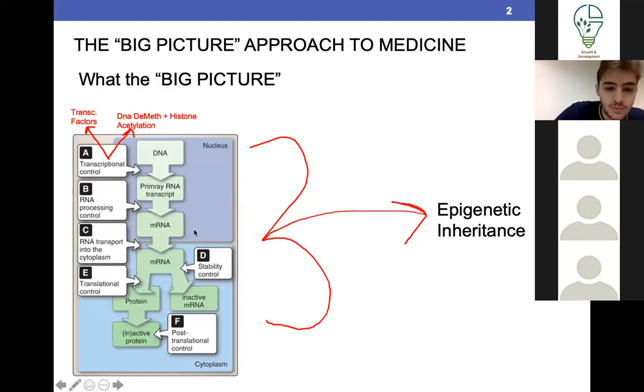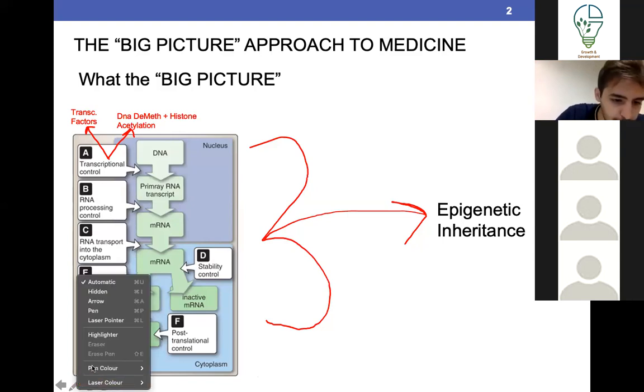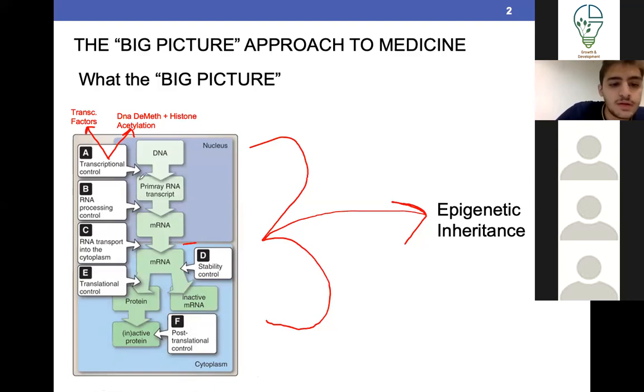To start this, I'll show you what the whole lecture will cover. First of all, DNA is regulated on many levels, starting with transcription control. Some genes might be transcribed while others aren't, and this happens by 2 mechanisms.